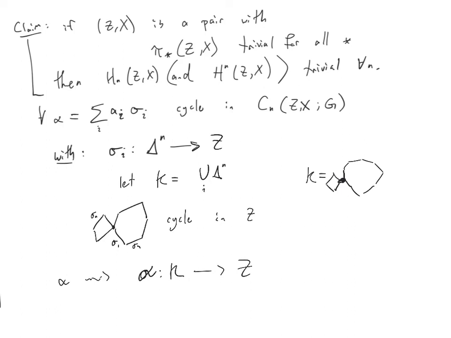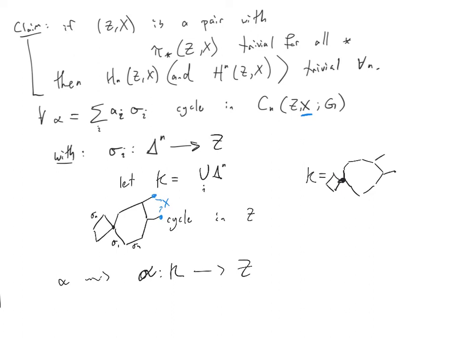Okay, so what have I forgotten? This only needs to be a cycle in Z relative X, which means that this cycle could have guys hanging off it that both live in X. So it only has to be a cycle relative X, which is fine, but both of those guys are going to land in X. I have to change my picture.